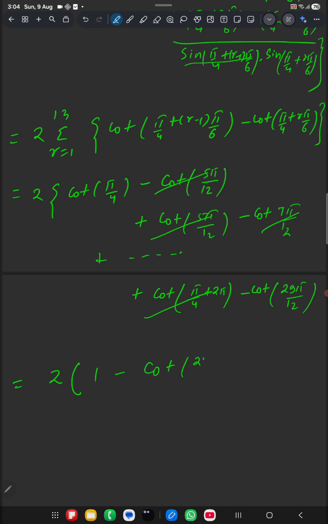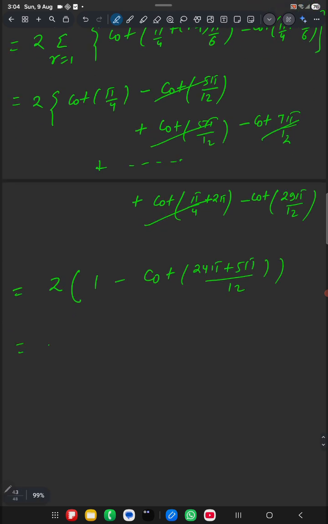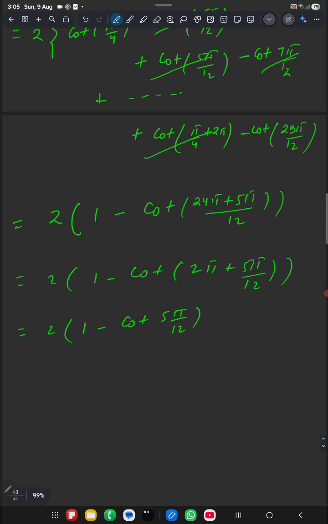I can write it as 24 pi plus 5 pi by 12, and this will give you 1 minus cot of 2 pi plus 5 pi by 12. 2 pi plus theta, cot is again cot theta, so 2 times 1 minus cot 5 pi by 12. Now pi is 180. So 1 minus cot 12 180, 12 1 times, 12 5 times, 15 5 times, 75 degree you will get.